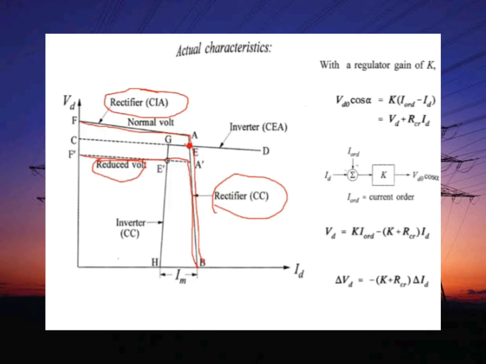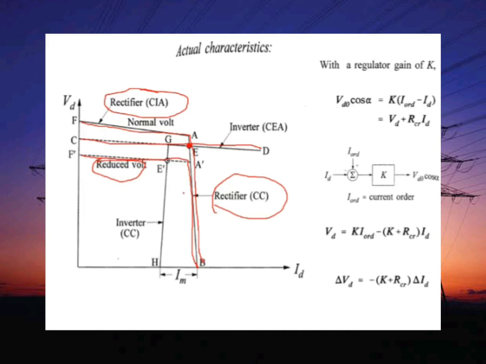However, the inverter CEA does not intersect the rectifier at a reduced voltage represented by F dash A dash B. Here, suppose this is your inverter characteristic, so it does not intersect the rectifier characteristic at reduced voltage, and therefore a big reduction in rectifier voltage would cause the current and power to be reduced to zero after a short time depending on the DC reactor, and the system would thus be shut down.